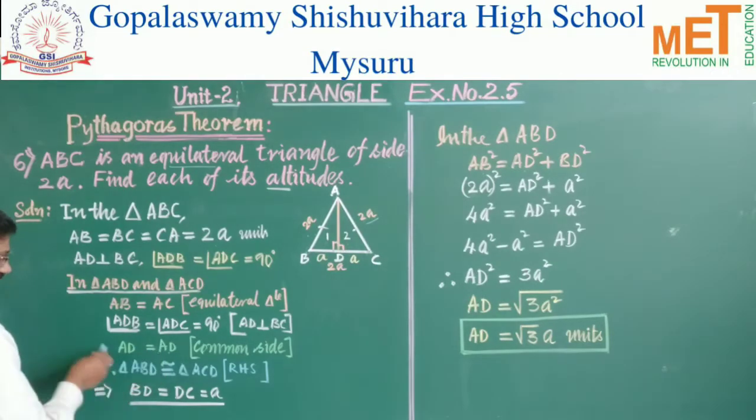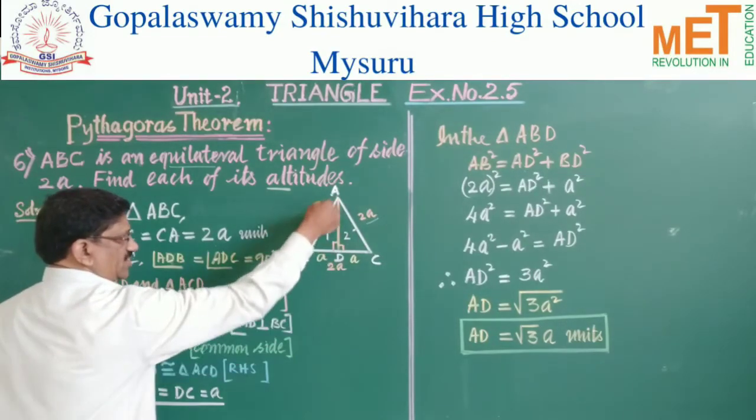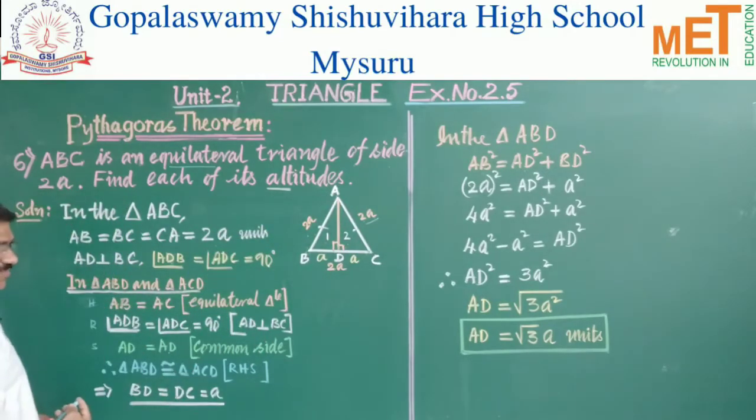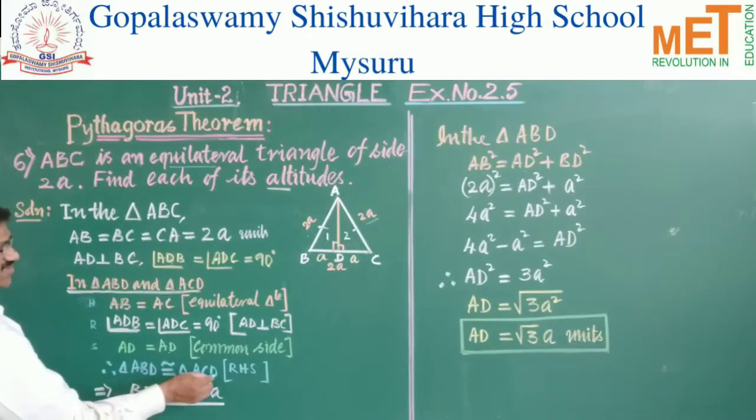So this is a right angle, hypotenuse and a side, because both ABD and ADC are right angle triangles. So we can use the RHS postulate to prove this. Therefore triangle ABD is congruent to triangle ACD.